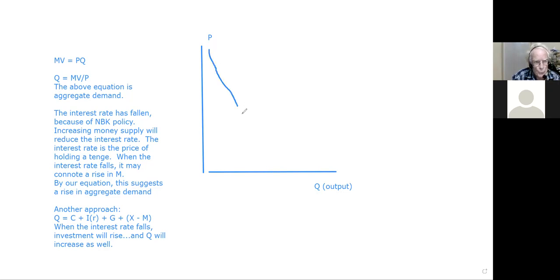Here is aggregate demand. As the price level falls, the amount of money that we are holding becomes more valuable in spending. So the additional spending will increase the amount that firms want to produce, since now they can sell their extra production.